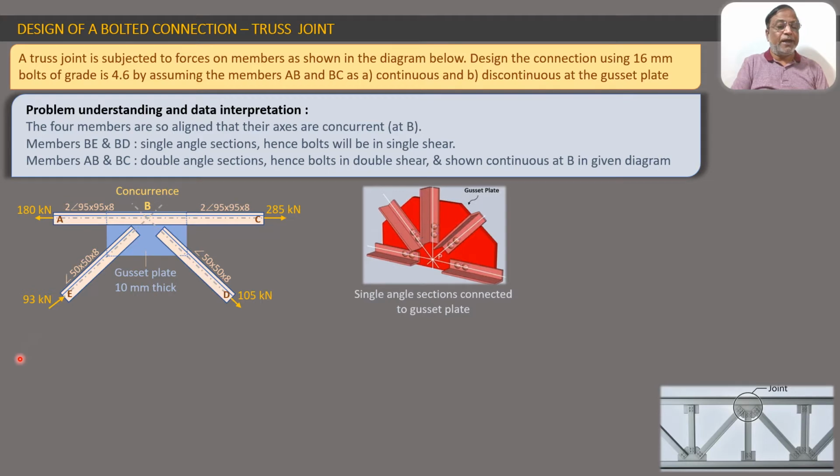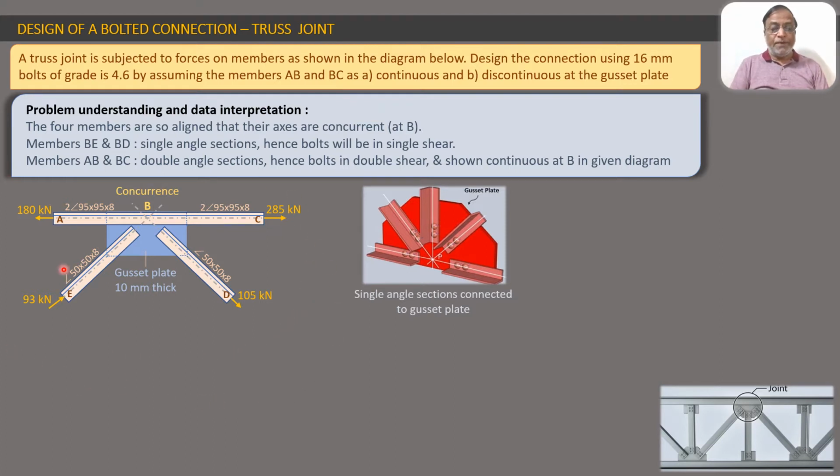They are acting along the center lines. So we can say that this is primarily a problem of four concurrent forces. These members are so aligned that they make a concurrent force system. So this is the data that is given to us.